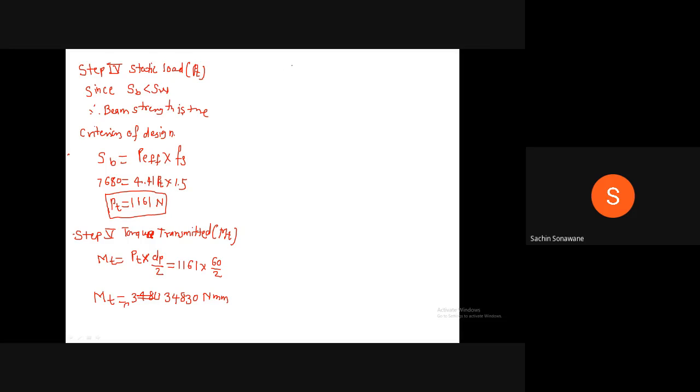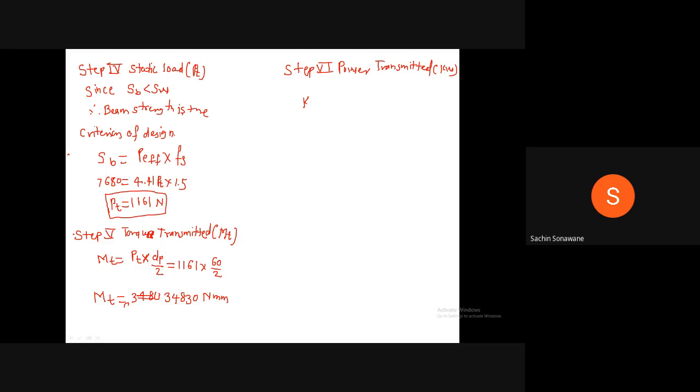Now we will calculate power transmitted. Therefore, write down step 6: power transmitted. We will calculate power in kilowatt. As per machine design, I will write down the formula from the book we are going to refer.